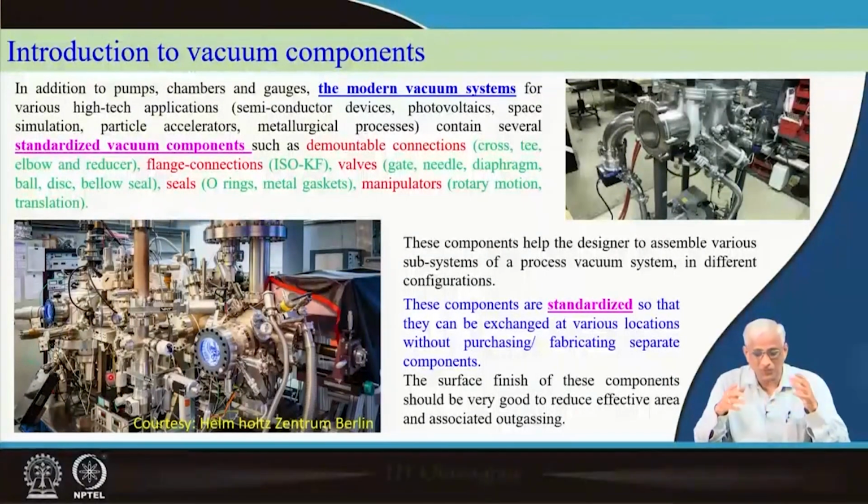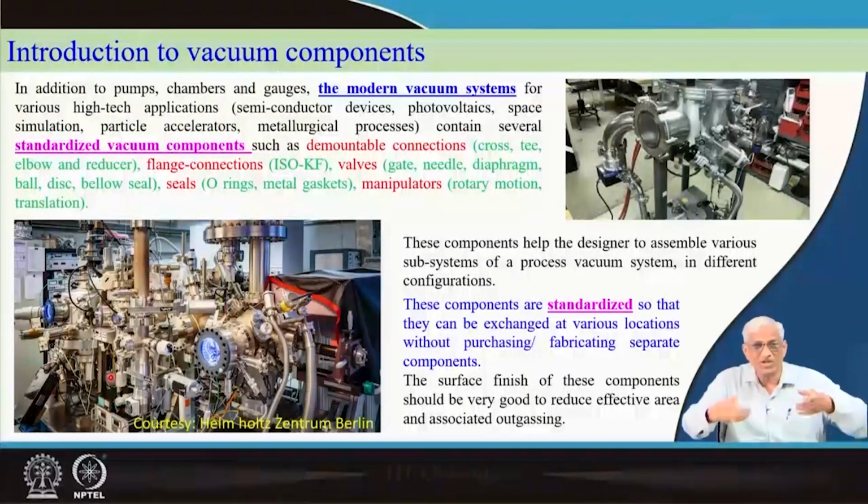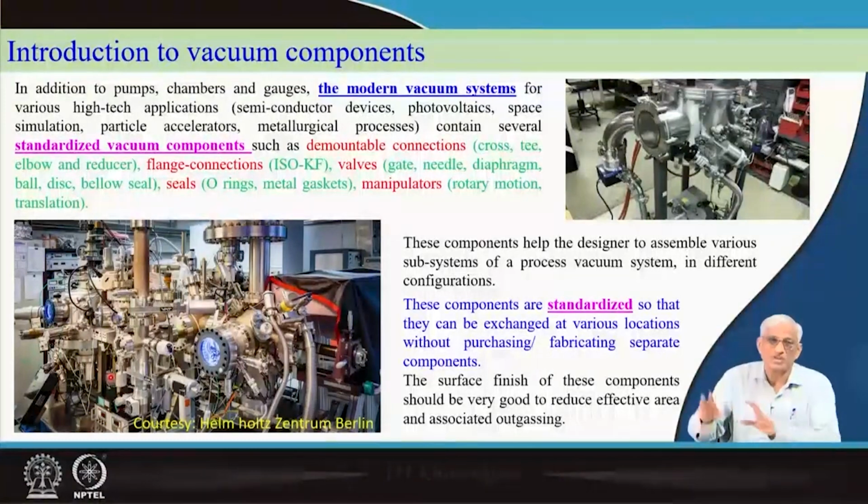If you can make some flexible small components with which you can connect all of them, you have an immediate advantage. Tomorrow you can remove those things and use the same components for some other system.